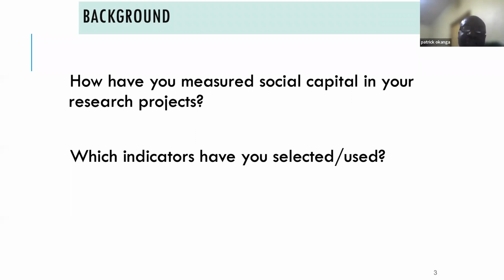Now, I've borrowed so much from the World Bank measure standards in my PhD project, in which I was looking into the contribution of social capital to the sustainability of women enterprises along Lake Victoria. That is, to what extent is social capital contributing to their sustainable fish business enterprises?